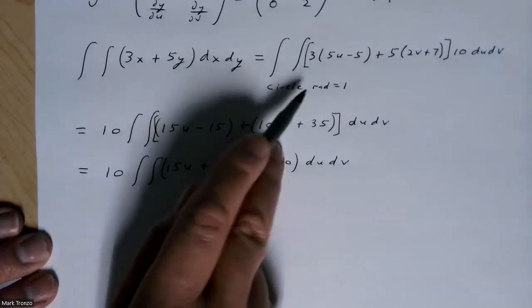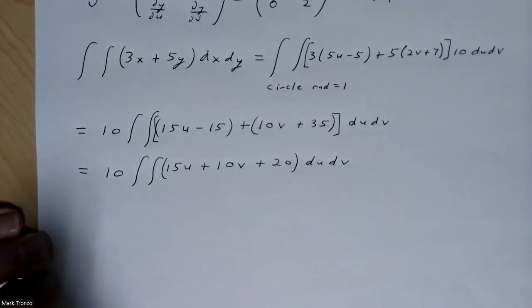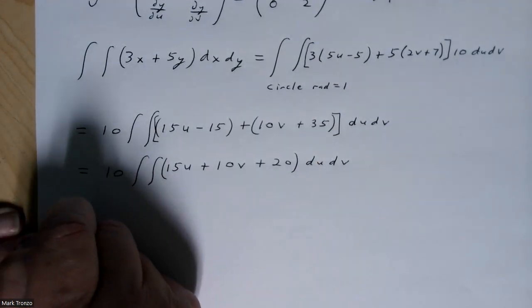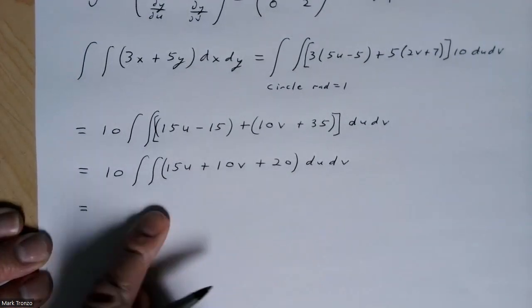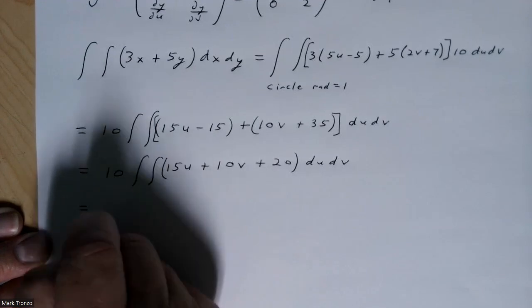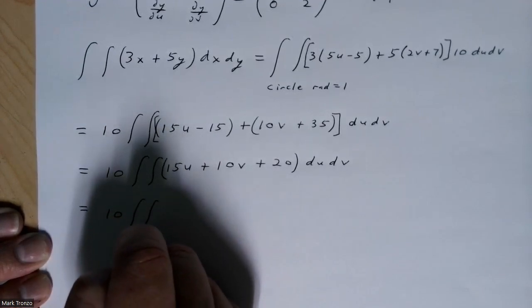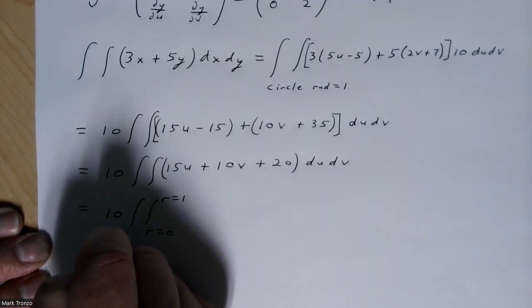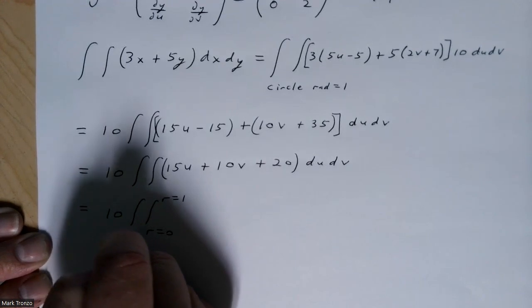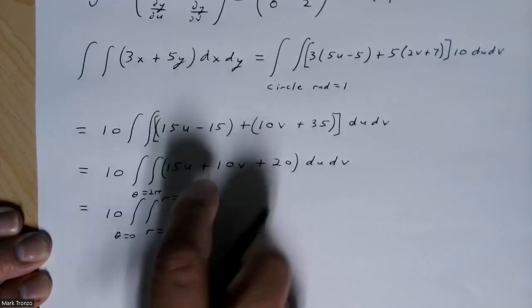Now, again, remember we're integrating over a circle of radius 1. So we need to do this in polar coordinates. So we have to switch to polar. And again, r goes from 0 to 1, and then theta is 0 to 2 pi.